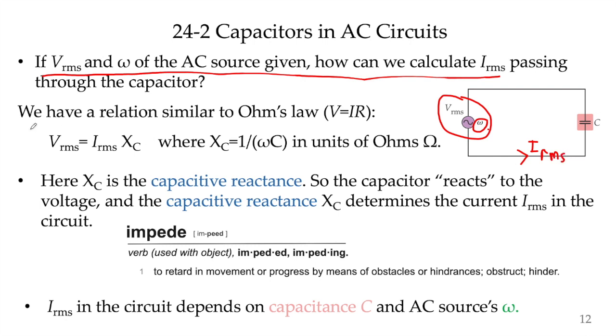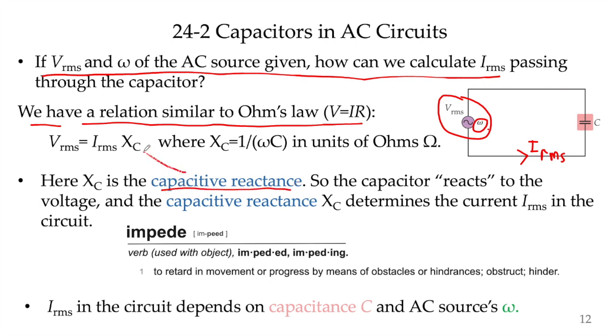Now we have a relation similar to Ohm's law. V is the same except we are going to use VRMS. I is the same except we are going to use IRMS. Instead of resistance, as in resistors, in AC circuits capacitors have something called capacitive reactance.